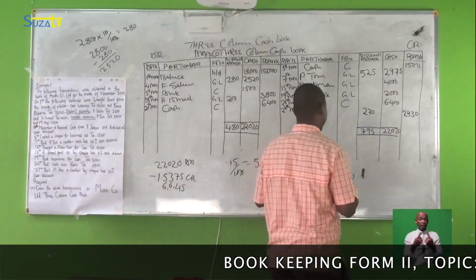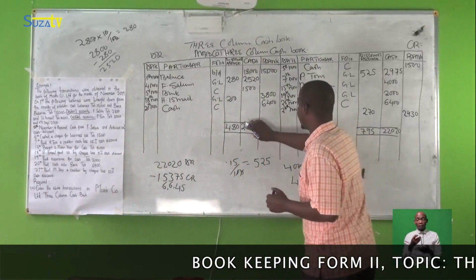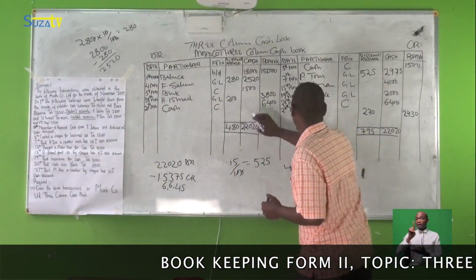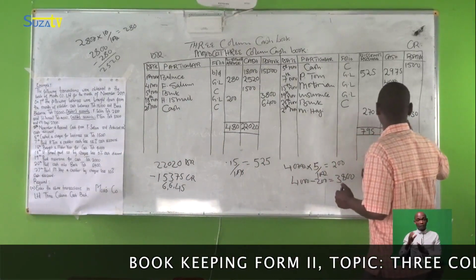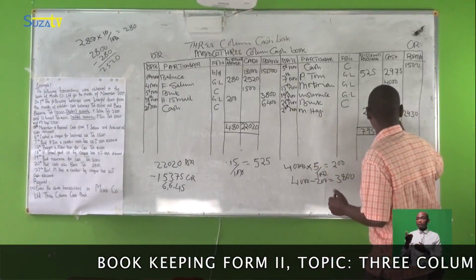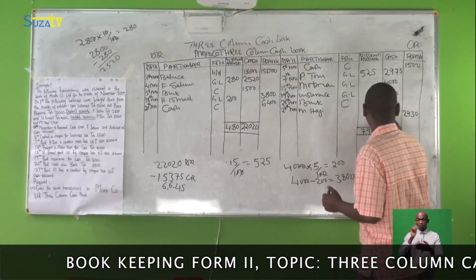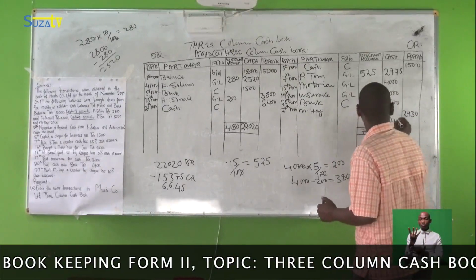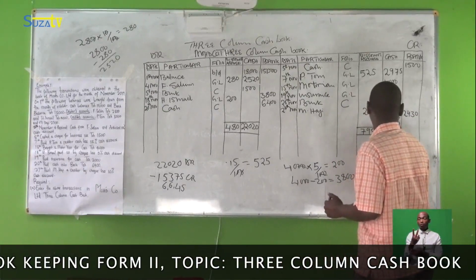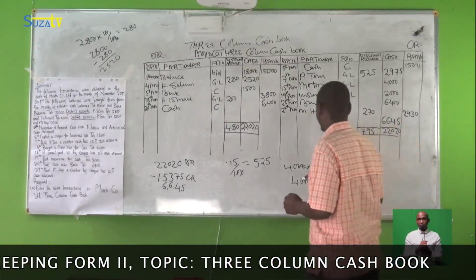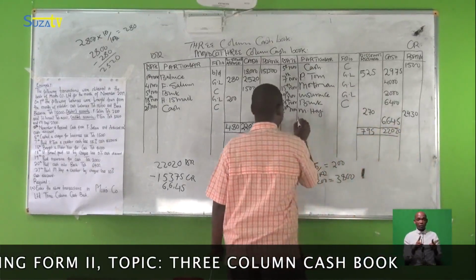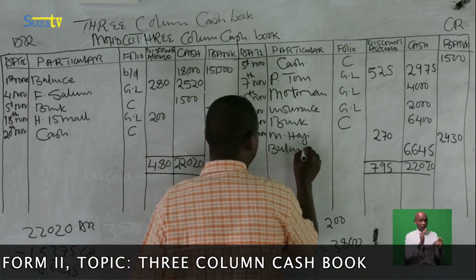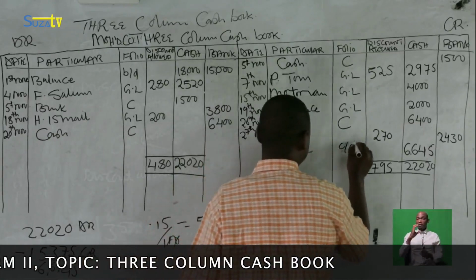The difference between the debit side, which is greater, and the credit side, which is smaller, you write here, 6,645. This is a difference. The difference is known as a balance, balance c/d.